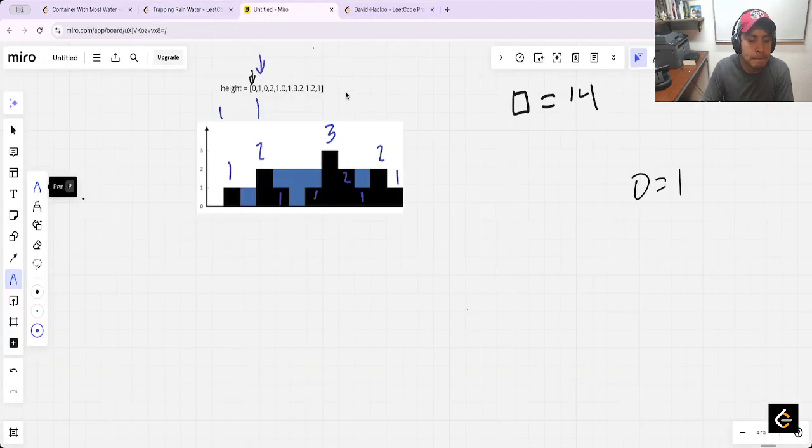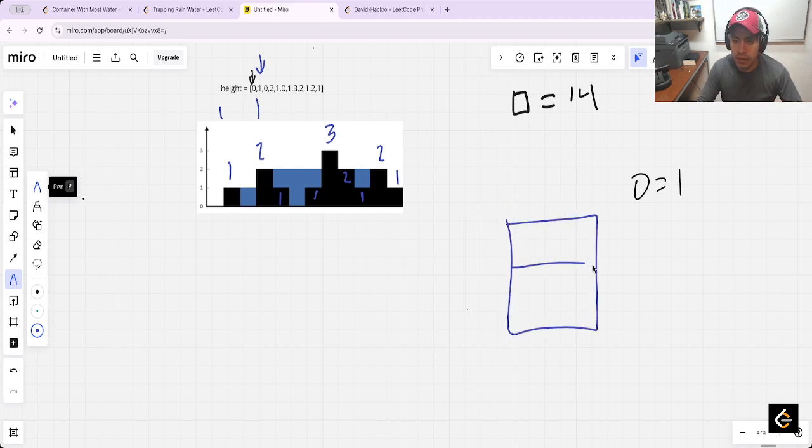For example, if I know that the next element has it like this. The first container is in the index 0, 1, 3, 4, 5, 6, 7, 8, 9, 10, 11.